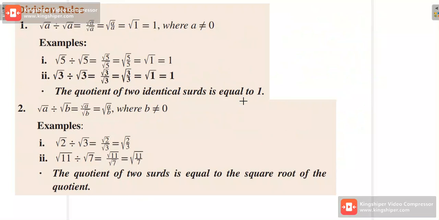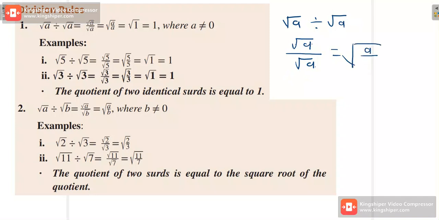Now let's go to division rules. Root of A divided by root of A. So when you have two identical radicals dividing, what do we do? We can use the division bar, so we can write it as root of A over root of A. And since they are both square roots, we can take just one root symbol, then we divide A over A. And we know that A divided by A is 1.